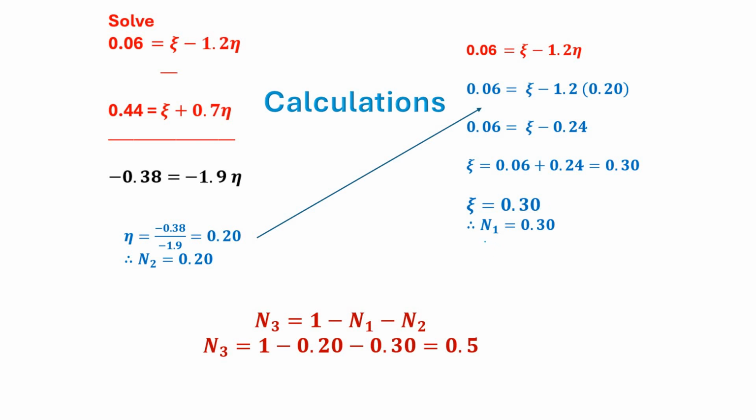So you can see that N1 is equal to 0.3 and N2 equal to 0.2. And we know that N1 plus N2 plus N3 is equal to 1. So using that, N3 is equal to 1 minus N1 minus N2, which yields 0.5. So this is how we estimate the value of the shape function for the constant strain triangle given in the problem.